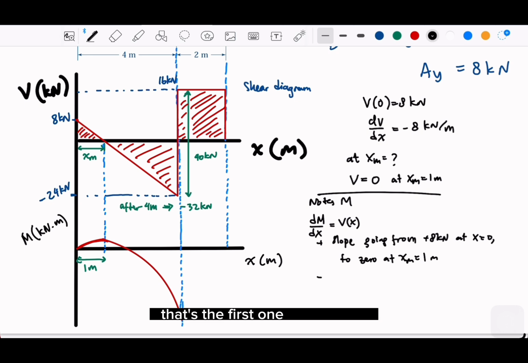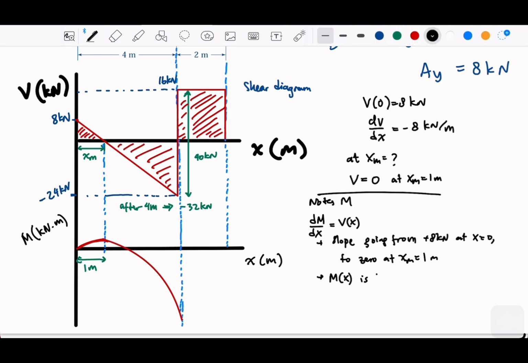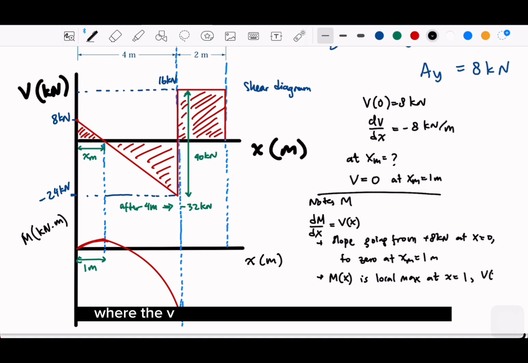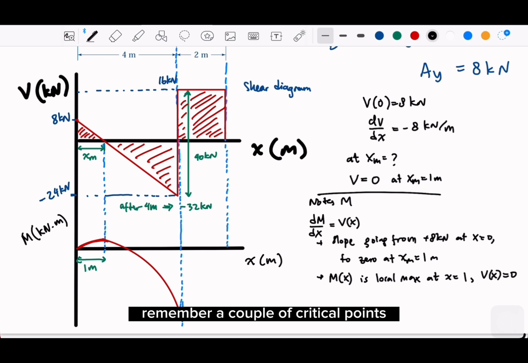That's the first one. Second one, we can say Mx has a local maximum at x equals 1, where V is equal to 0, or the slope is 0, right? Remember the calculus critical points and that kind of thing.